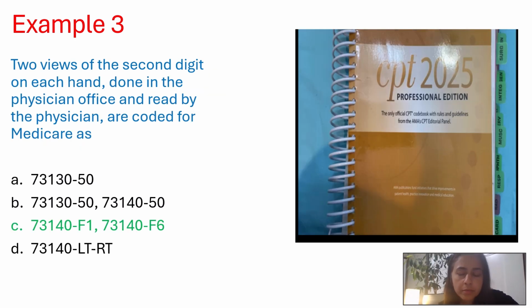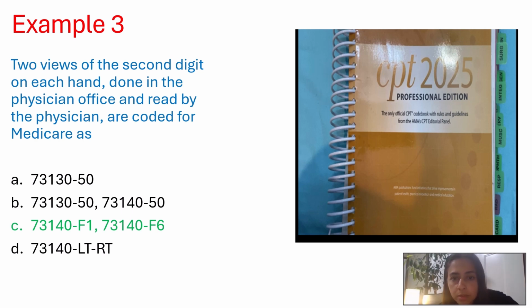Also in the front pages of the CPT coding book, it's mentioned that there is a modifier list for the hands and for the feet, for whether it's a second finger or third finger or fourth finger, left hand. So there is a modifier list of all the digits of the hand and feet.